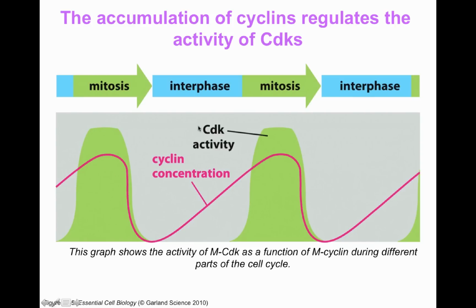The cyclin-dependent kinase activity for the M-CDK is only shown during mitosis and not during interphase. So that indicates that when the M-cyclin is present, it will be able to bind to the CDK and activate M-CDK to have CDK activity. And it's only during the time when the cyclin is present that the CDK molecule is active.